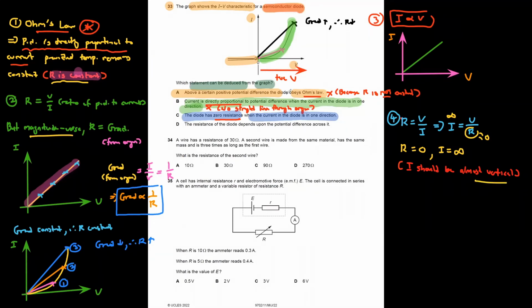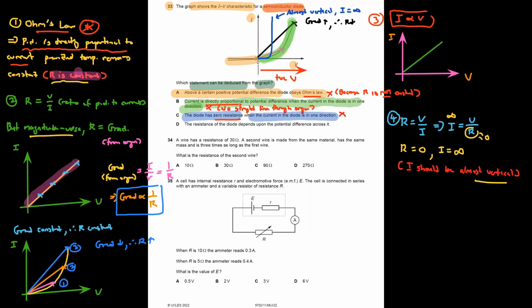Let me just find a suitable color to use. Okay, I'll just use blue color. It will look something like this. So when you see a graph that looks like this, this is your current being almost vertical on the graph. This will imply to you current is actually infinite. Okay, so you don't see it in your graph right now, so answer C is actually wrong.